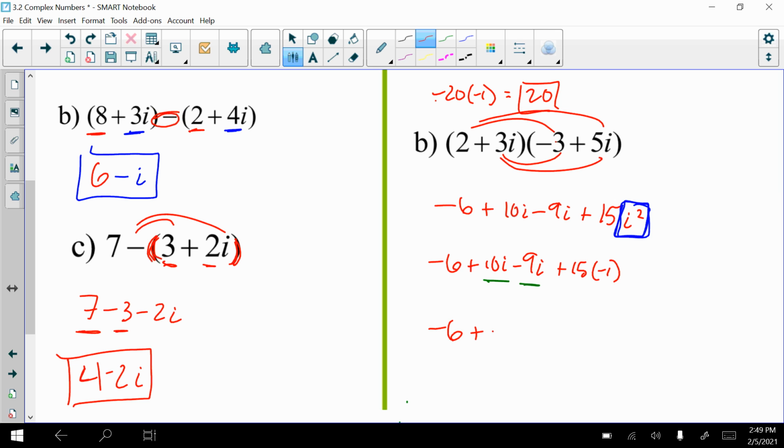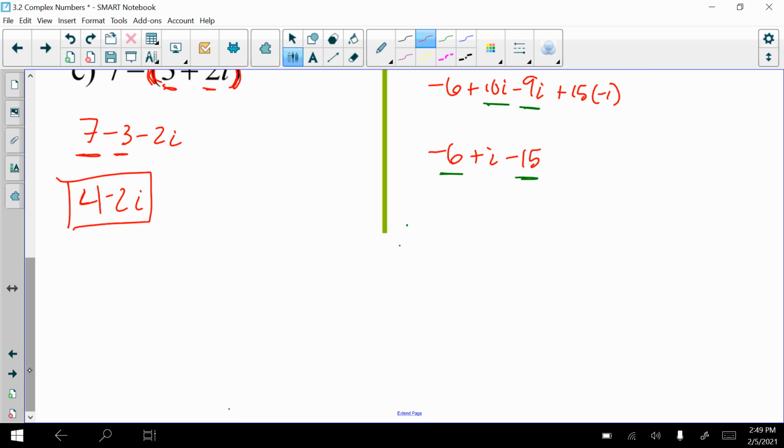So I have plus i minus 15. Now I can combine some more like terms, negative 6 and negative 15. Negative 6 minus 15 is a negative 21, and then I have that plus i at the end.